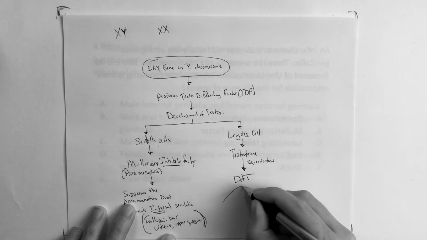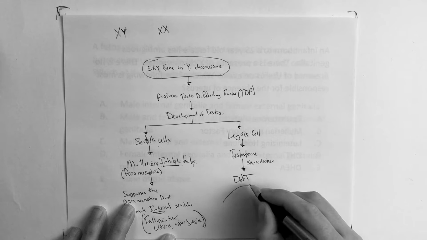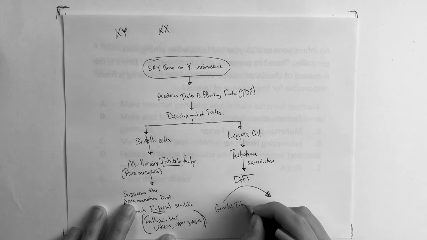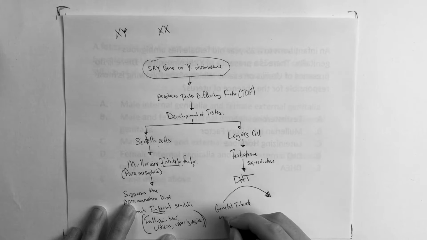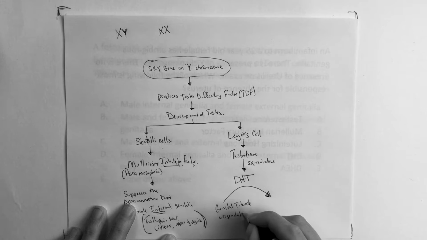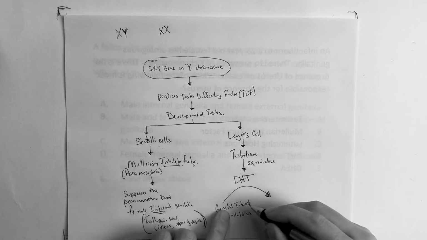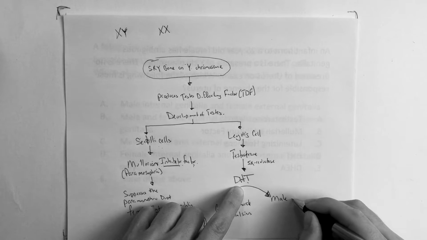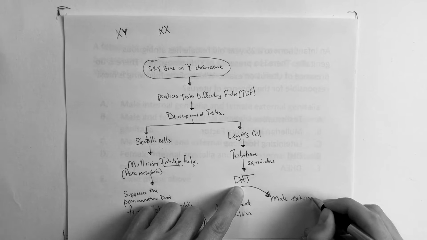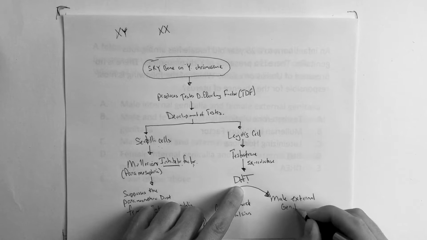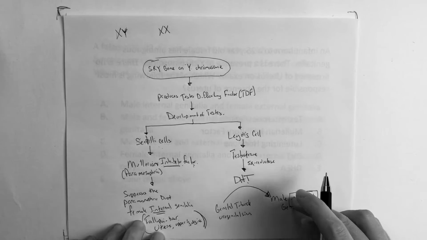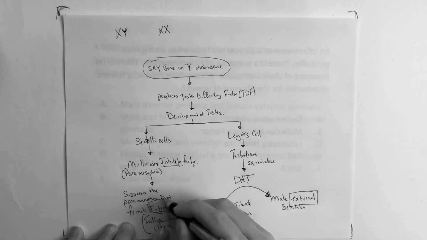And then the DHT, we need that, because we put a little bit of that with the genital tubercle and urogenital sinus. So this, in the presence of DHT, will make the male external genitalia.